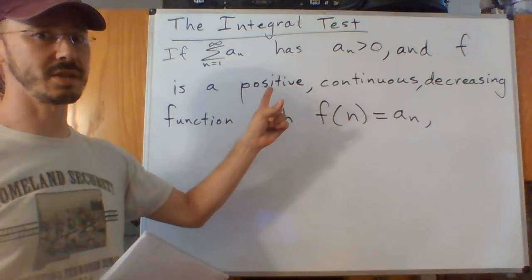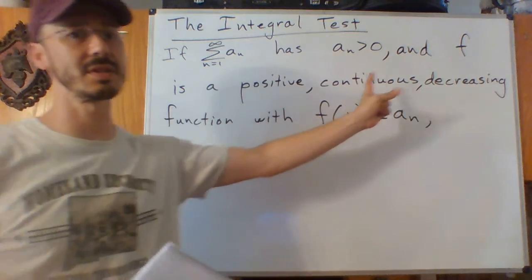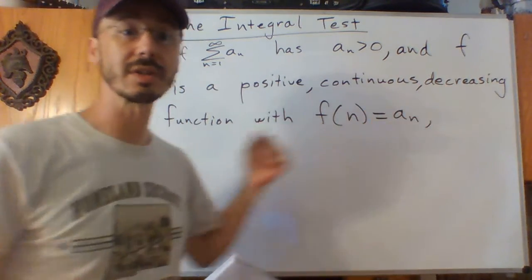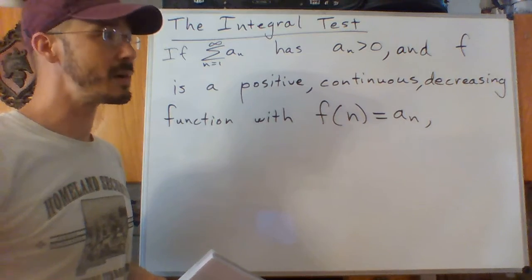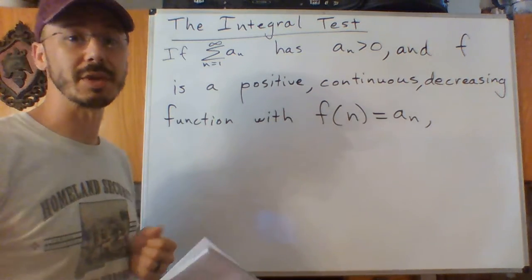So these are the 3 conditions. The function has to be positive, continuous, and decreasing. The ones that we looked at were, and our other examples will be. If it's not, then this can't be used.